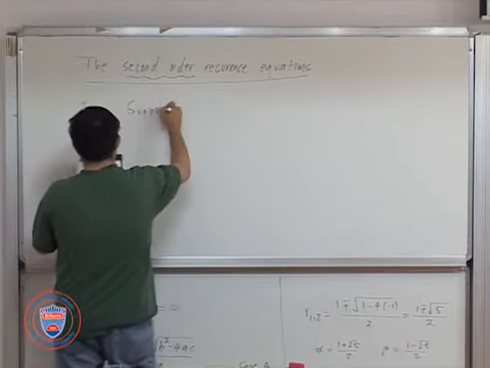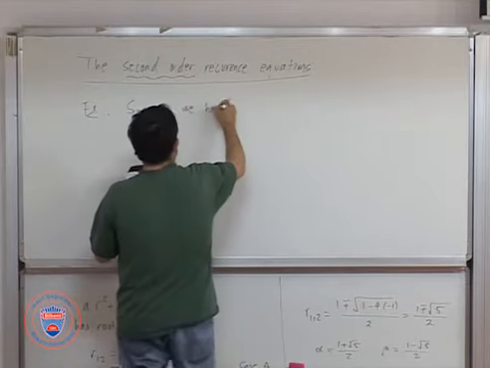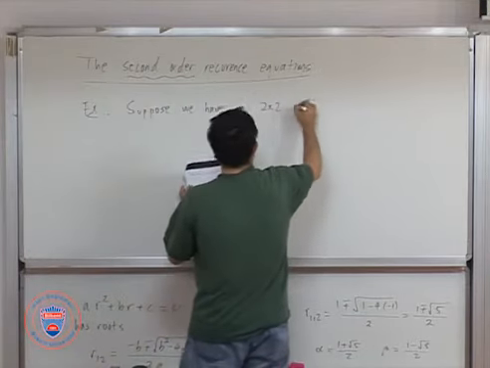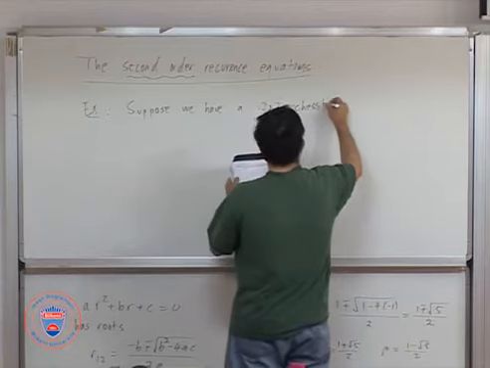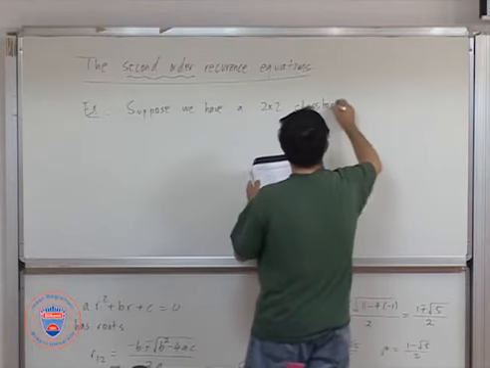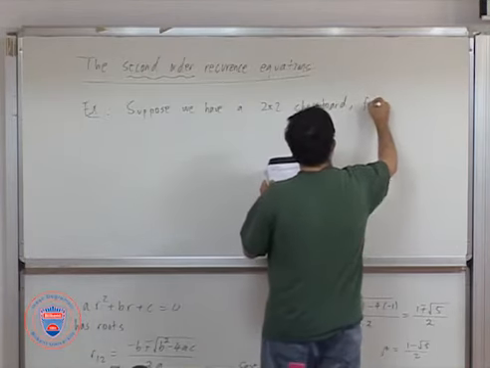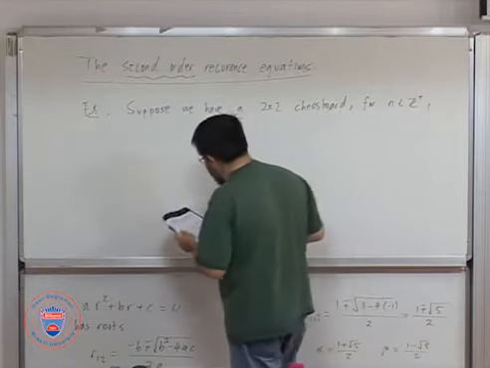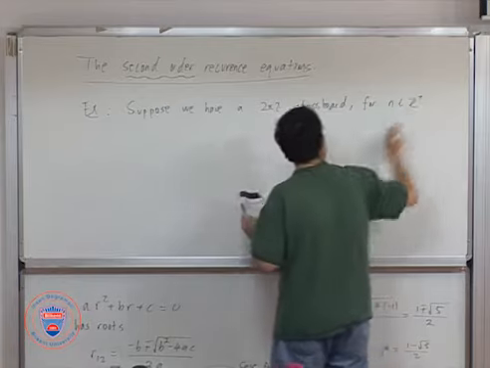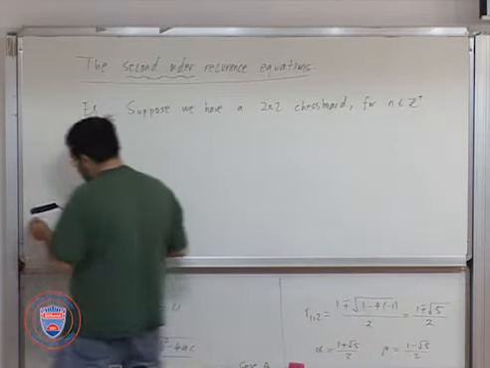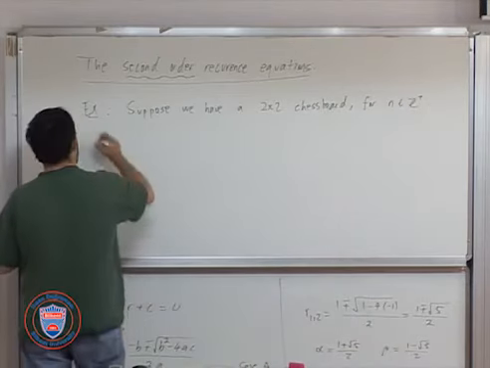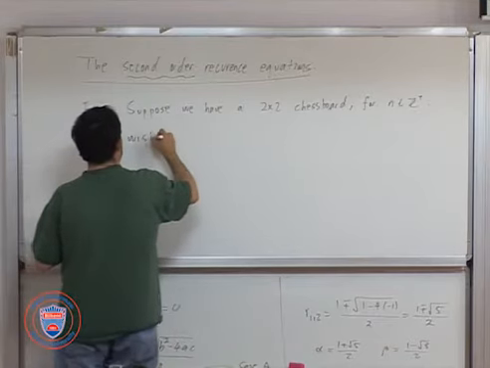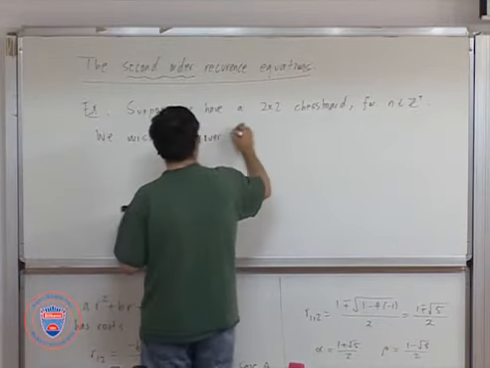So suppose we have a 2 by n chessboard, for n a positive integer.